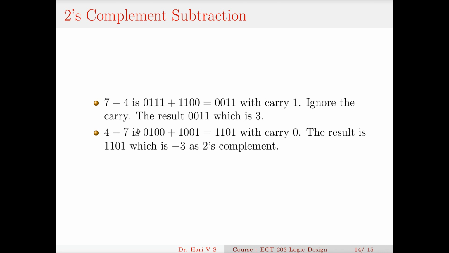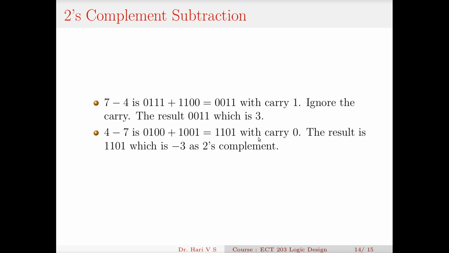Now 4 minus 7: 4 is 0100, a positive number. Minus 7 means I have a 1 here. Then 7 is 111, that should be complemented. That gives me 000. 1 should be added with that. It becomes 001. So when I add, you get 11001 with the carry.